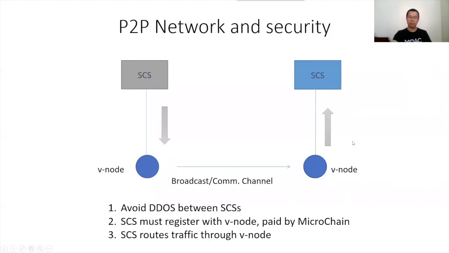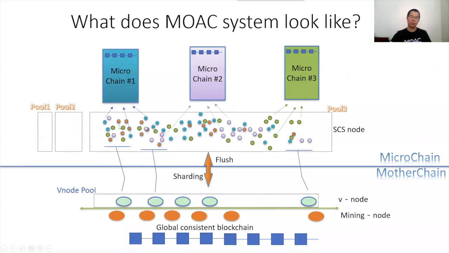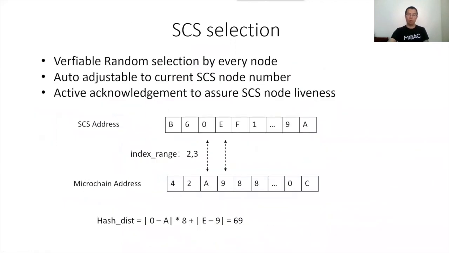So let's go back a little bit earlier. When we do this, we will do some selection, and we want to make it random. Because in this pool, some nodes may be Byzantine nodes, or some nodes are bad guys. We select a small set of nodes, and we want to do it randomly, but that randomness can be verified.